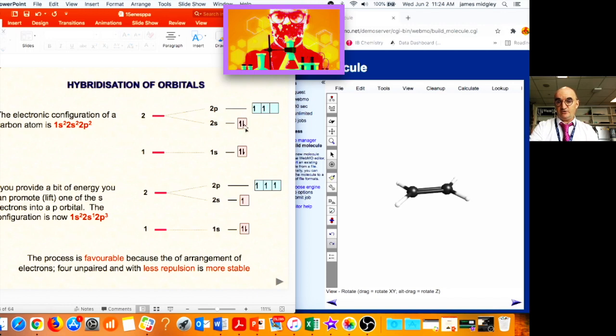So if you have two electrons in a box, they are repelling each other. They're pushing each other apart because they have a formal negative charge. They're going to repel like negative charges always have. So it's energetically more favorable for this one to jump into here and form these three unpaired electrons and one unpaired electron in the 2s orbital.